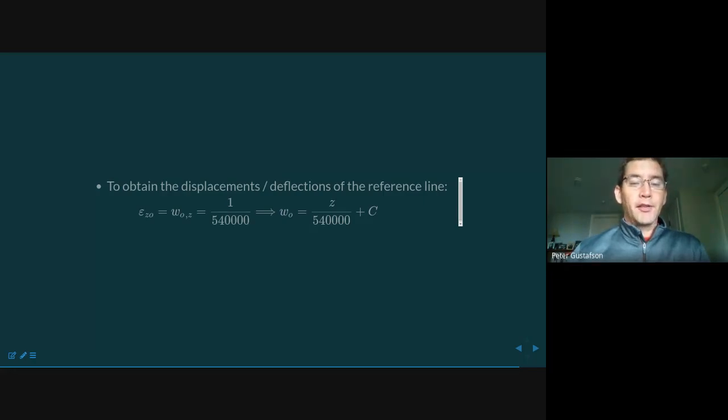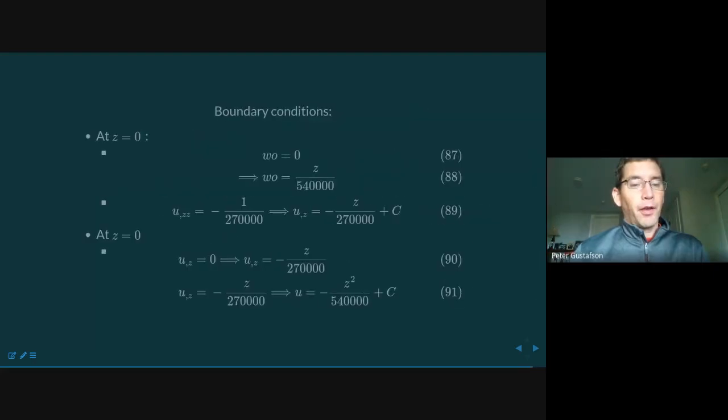Strain being a constant, we can calculate displacement by integrating, and that integration is straightforward. We can apply the boundary conditions on that displacement calculation, lo and behold, this becomes pretty simplistic.